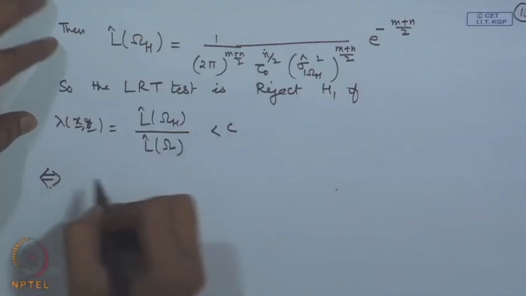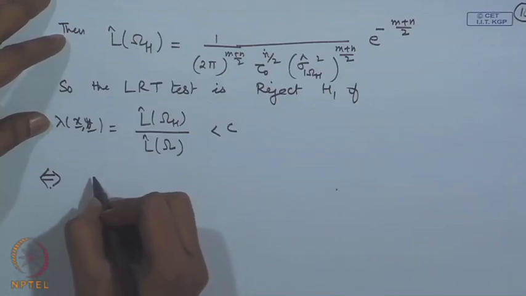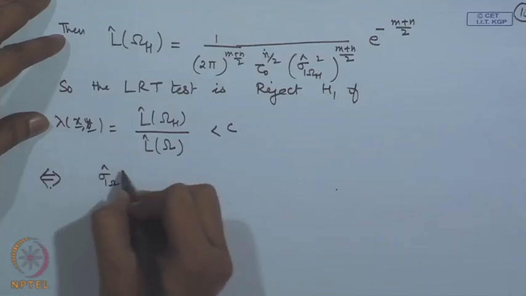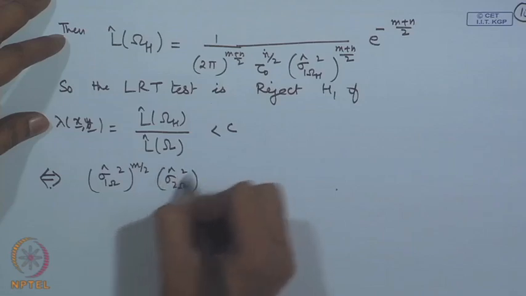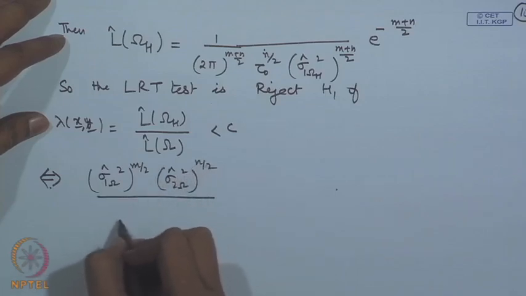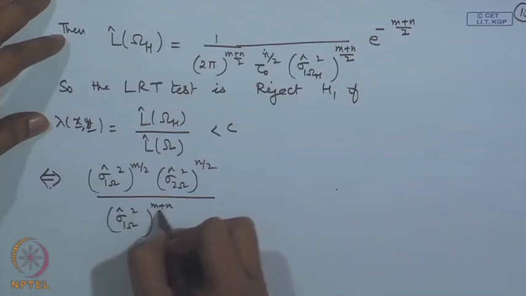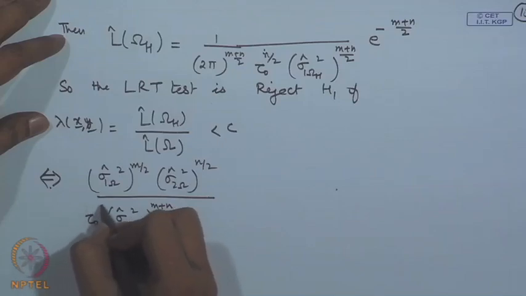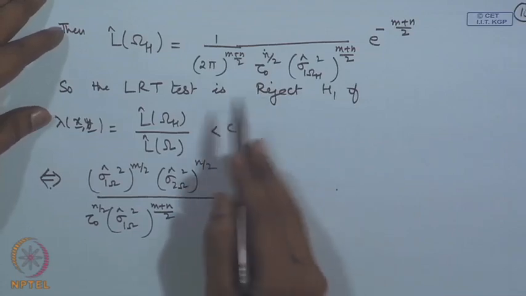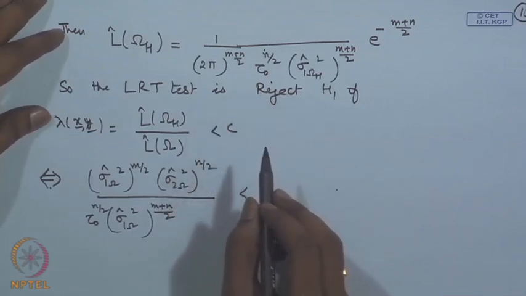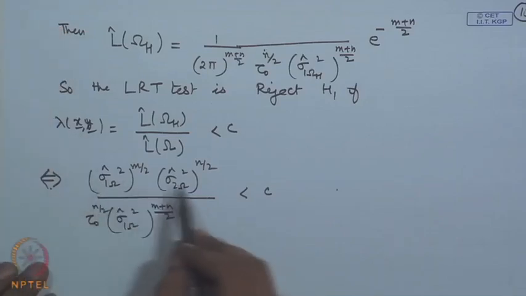This is equivalent to sigma 1 hat omega square to the power m by 2, sigma 2 omega hat square to the power n by 2, divided by sigma 1 hat omega_h square to the power (m plus n) by 2 and tau naught to the power n by 2, less than say c. I have cancelled out the constant terms from here. Once again, this does not play any role here.